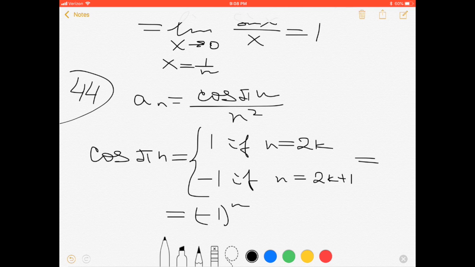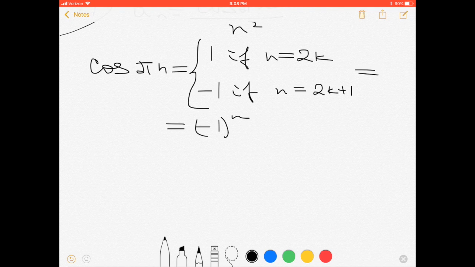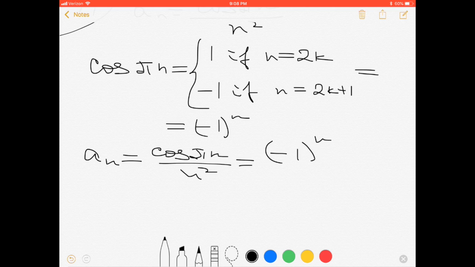Because if n is an even number, negative 1 to an even power will be 1, and negative 1 to an odd power will be negative 1. This means our sequence a_n equal to cosine of pi n over n squared we can rewrite as negative 1 to the power n over n squared. Okay?